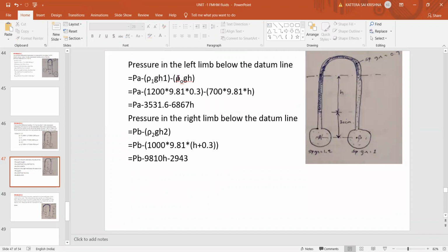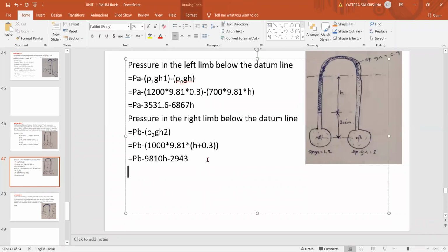So we got the pressure in the left limb and the pressure in the right limb. Next, what we need to do? Equating both the pressures. Please write down the term.